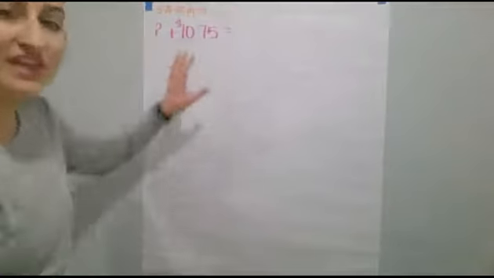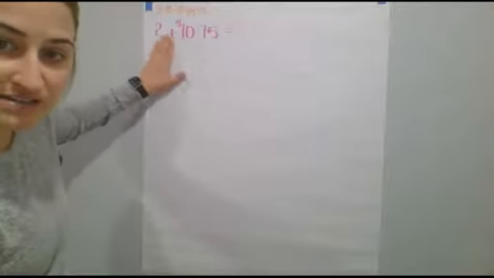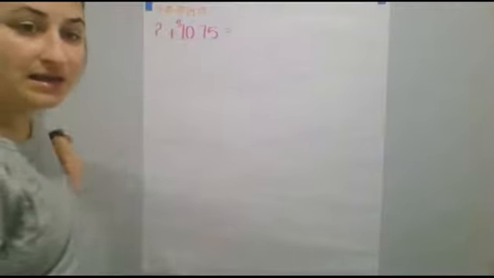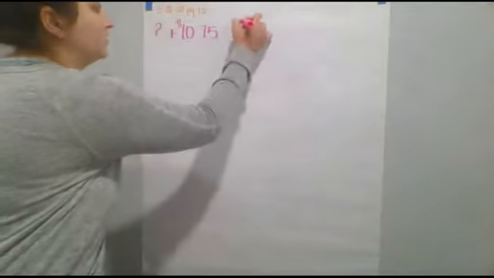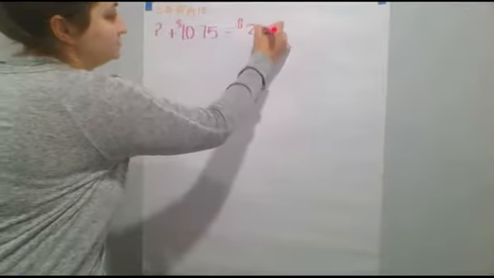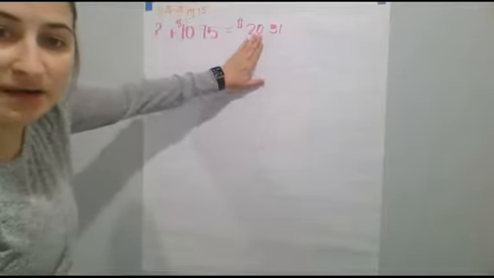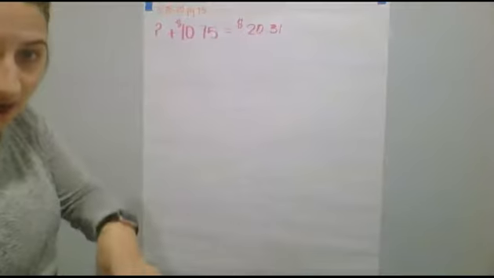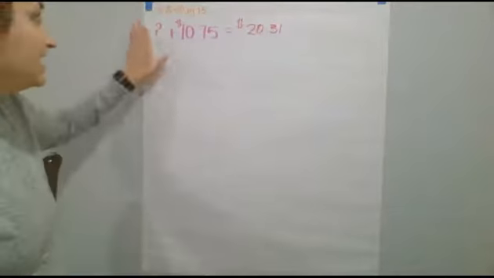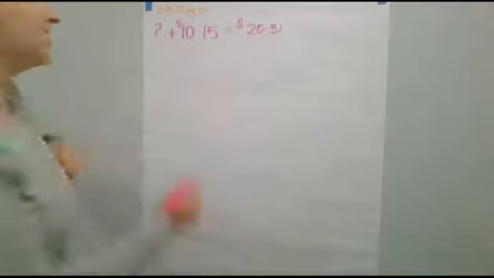After she already had some money and earned some money, now she has a total of $20.31. So this is our whole. This is the amount of money that she has now.